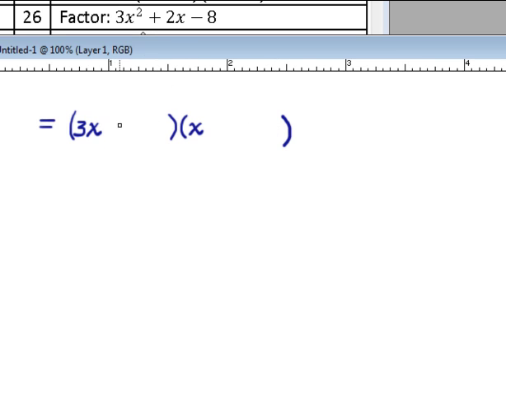Well, since we have a negative c value, the signs are going to be different. So we'll start off with a plus and a minus, different signs. And here we have to put 2 things that multiply to 8. And the middle terms have to add to 2x. All right, so for 8, let's say we can have 4 times 2.